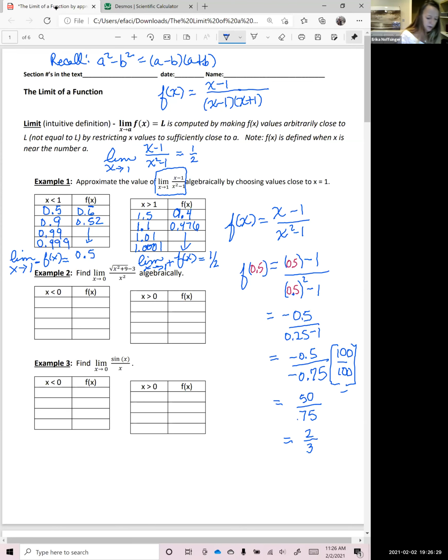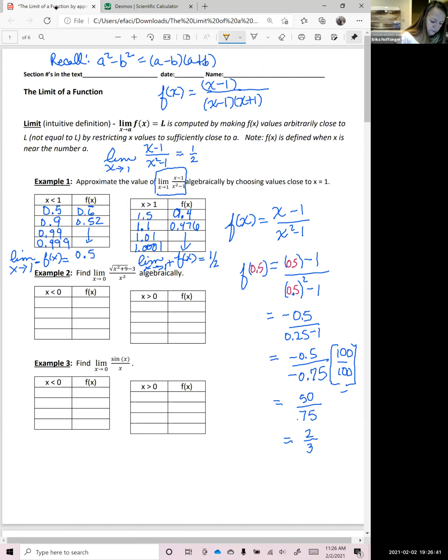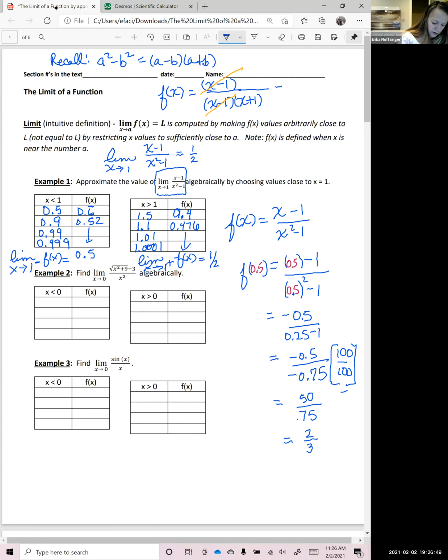And so notice I have common factors in the numerator and denominator. So that grouping of x minus 1 in the numerator can cancel with that grouping of x minus 1 in the denominator. And so if we do that, we only have a 1 left in the numerator because that's like 1 times that expression, x minus 1.